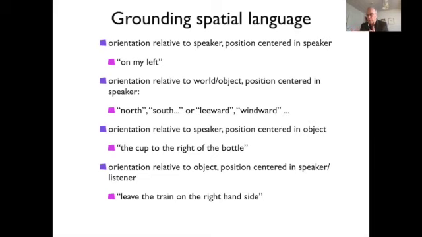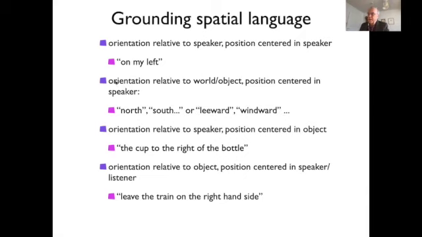The speaker and listener don't always have to have the same position, but in many cases we're thinking about that, versus the object that you're talking about. So for instance, when I say on my left, now there's something, then I am using orientation relative to me. That is, I'm assuming I have a preferred axis, like my forward direction, my nose where I'm looking, and I'm referring to that orientation, and I'm also positionally centering the description in me. So on my left would be something that is in front of me and on my left, and not, more likely, in the back of me.